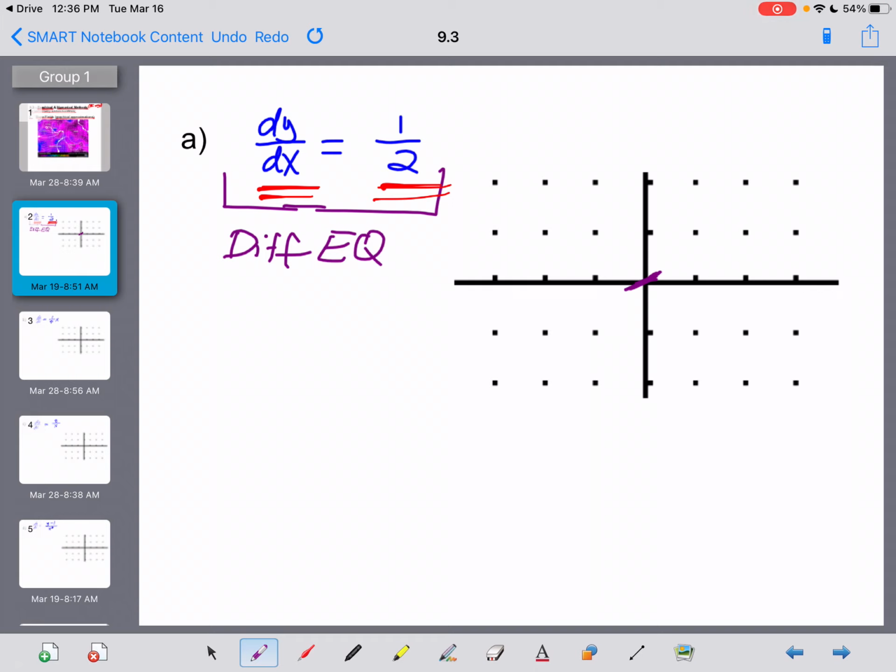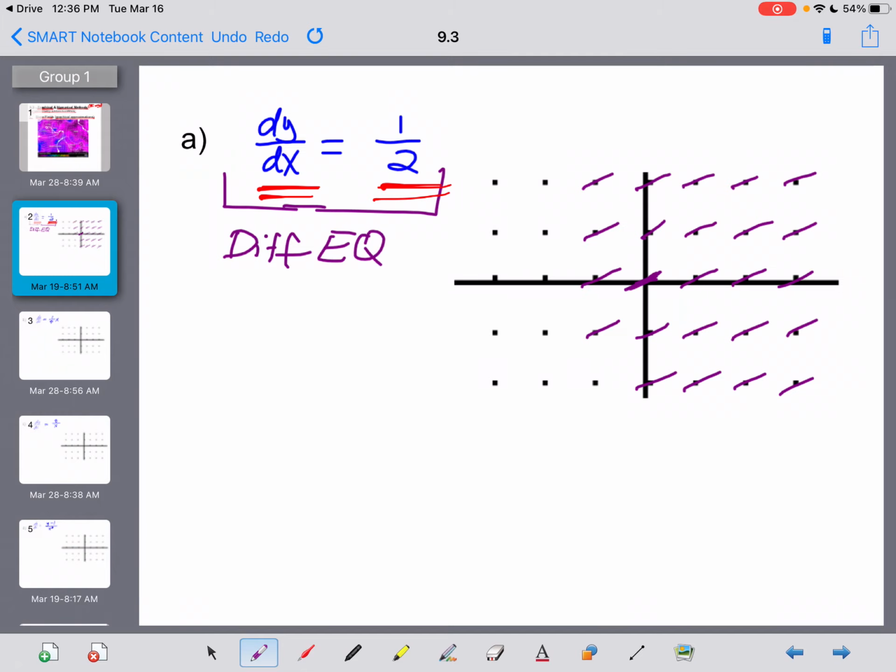It doesn't matter where you are, the slope of every one of these little tangent segments is going to be positive 1/2. So every one of them is rising as we read it from left to right, and it's rising at a slope of 1/2. So, I don't know that I'm going to do all 35, but I think you guys get the point here.